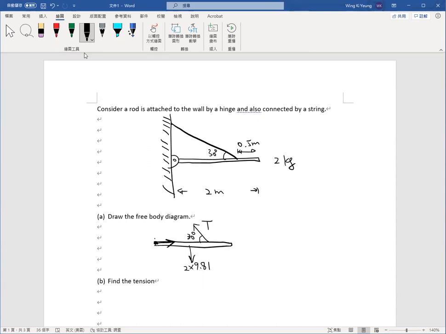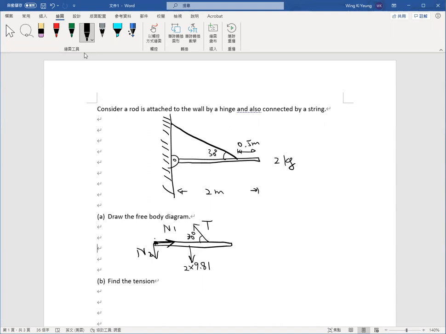For the horizontal one, you can analyze that it should be to the right, to compensate the left component of the tension. And for the vertical component, if you don't know about it, it's fine. Let's say you take it to be vertically downwards. So let me label these two as N1 and N2.